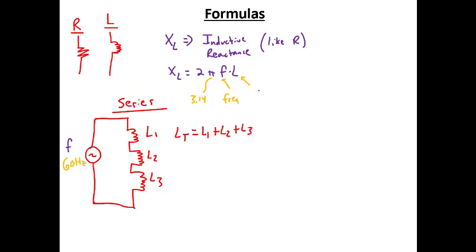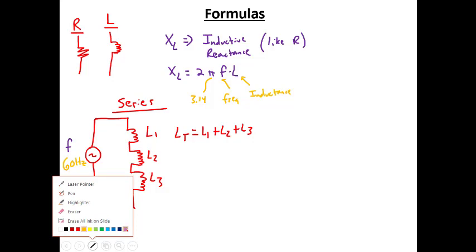And then L is the inductance. So we can find the inductance of a single inductor. If we know what the inductance of that inductor is, we can find the total inductance. If we know the total inductance, we can find the total inductive reactance.